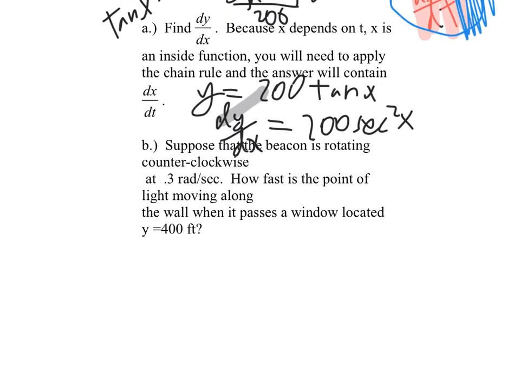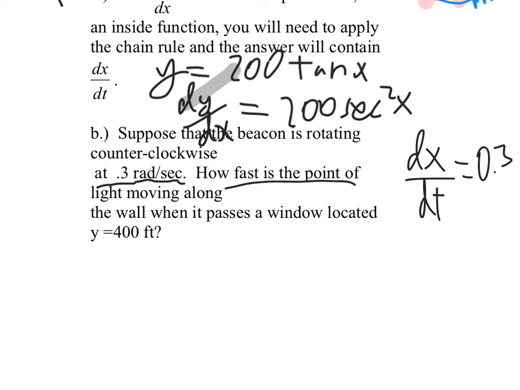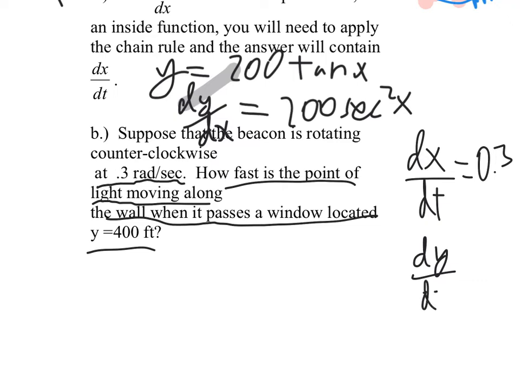That becomes important later. Suppose that the beacon is rotating counterclockwise at, now we have the speed, dx/dt equaling 0.3. How fast is the point of light moving along the wall when it passes the window located at 400 feet? So it's not properly written, but pretty much what they're asking is, what's dy/dt?